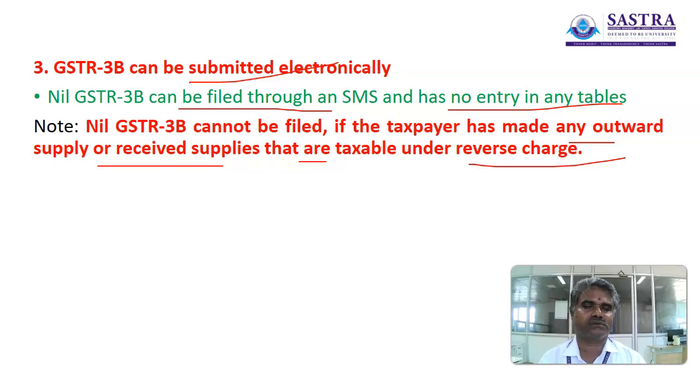And also, what are the types of return? What is GSTR 1? What is GSTR 2, 2A, 3B? Because already we discussed there are different types of returns: monthly return, quarterly return, final return, annual return.